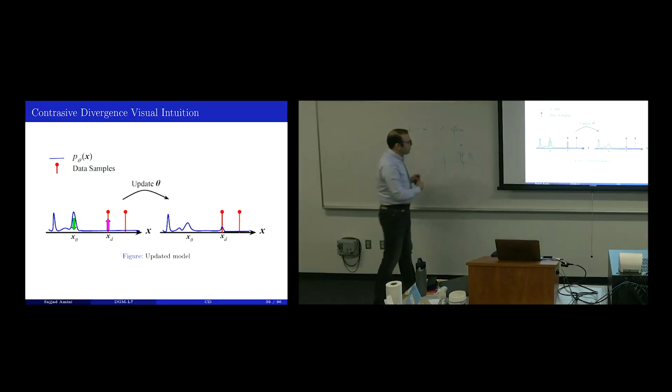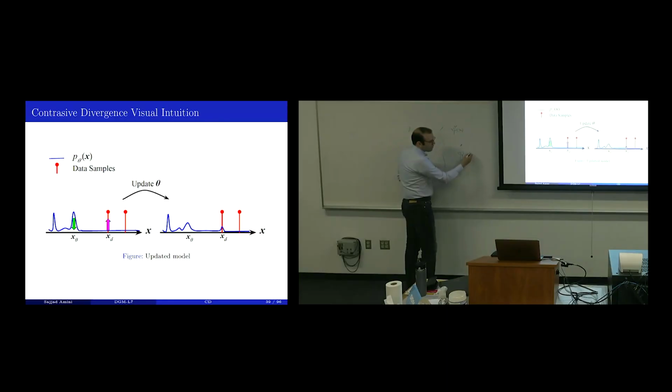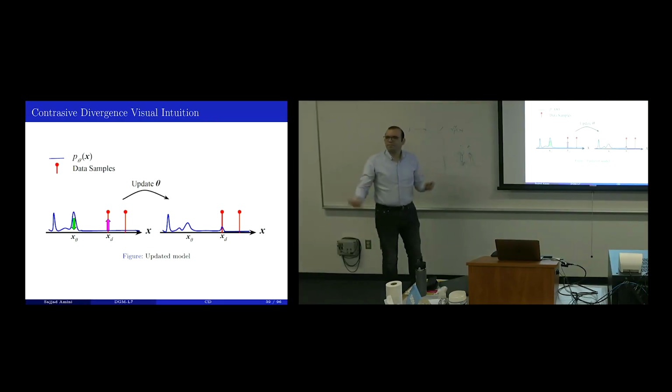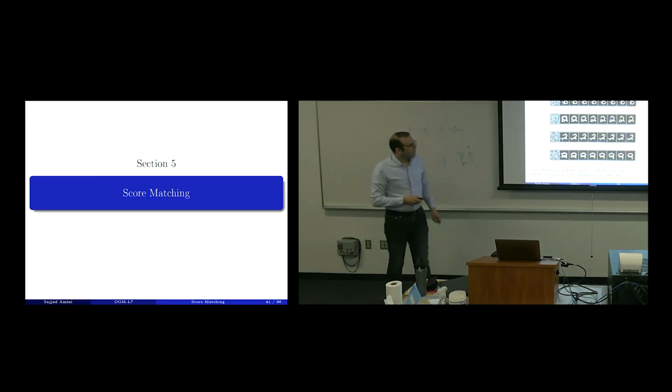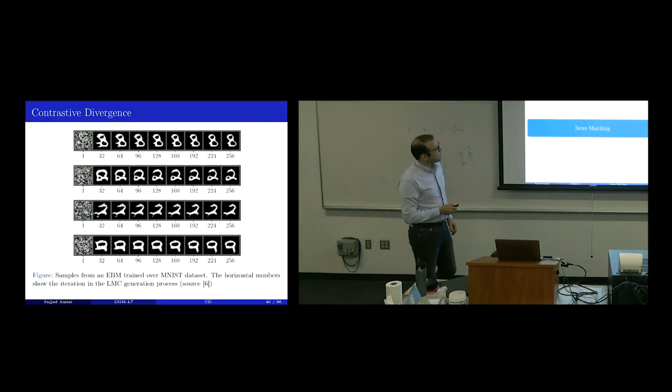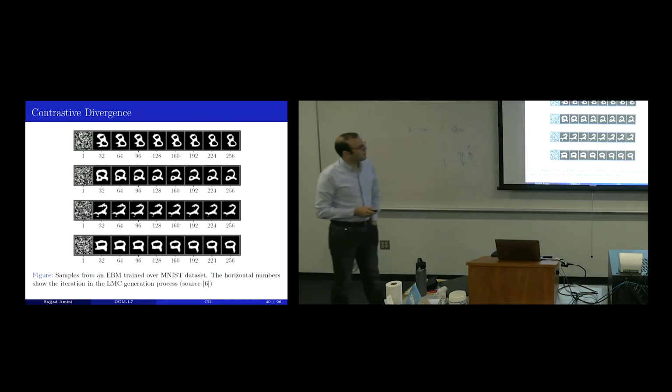Maybe you sample from the model, and the result is this point, and you sample from the data, and the result is this point. So they act in different directions. But on average, nothing will be changed. So this was contrastive divergence.